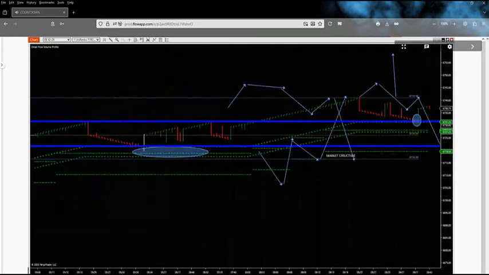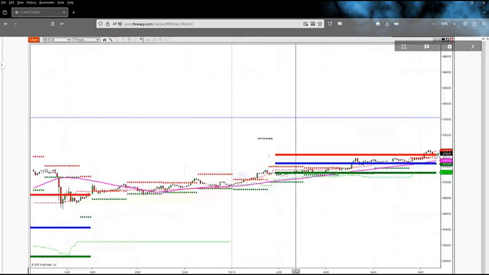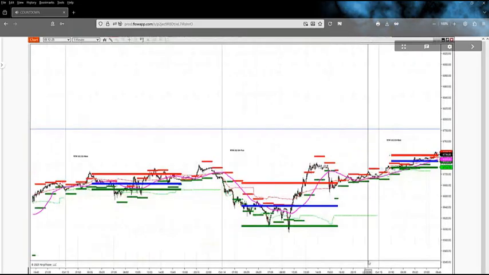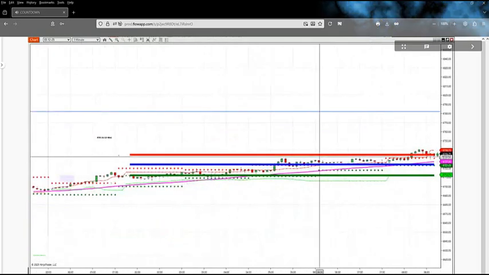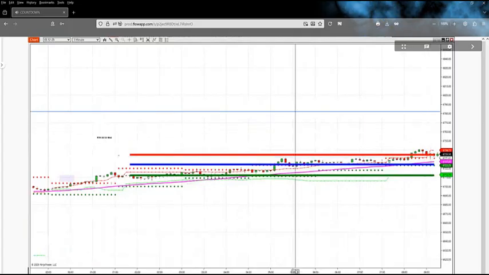Now, we do have our 2 to 4 hour windows over here and the same thing. So we look for the same exact thing. We look for a breakout, retest, and it's going to try to get to the next value area. So where's the next value area?